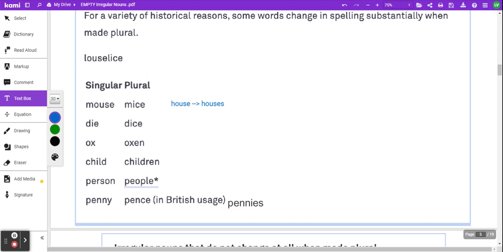So, dye de morir, dye de dado. And then dye de tinta, de color. La única que se escribe diferente es el del color, pero se pronuncia, or you pronounce them the same way, dye, dye, dye. I am dying, I have a dye, I want to dye my hair. They're all the same. Pronounced. Pero yeah, so you have die, die, and die.